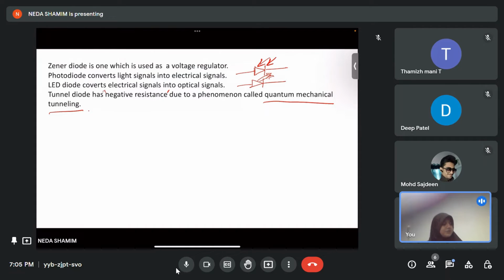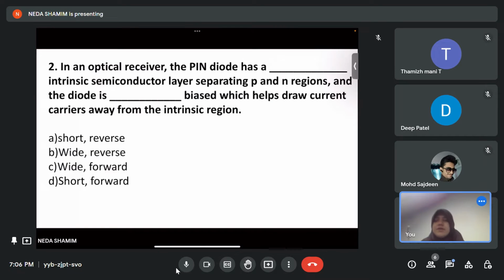Okay. So moving on to your next question. We have an optical receiver. It's a PIN diode. PIN diode means that generally you have seen a PN junction diode. But here, this is my P region. This is my N region.